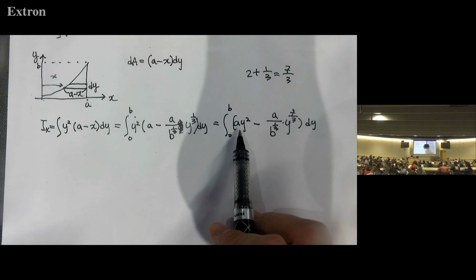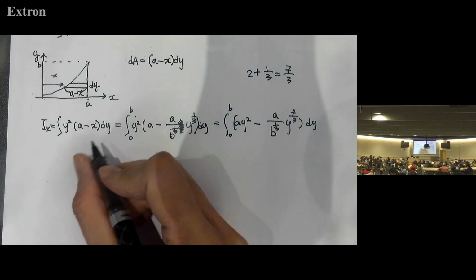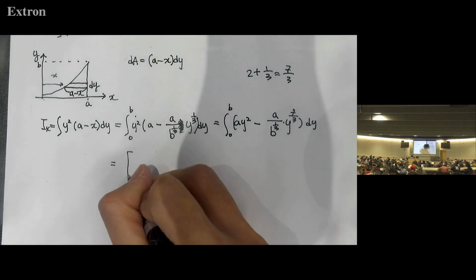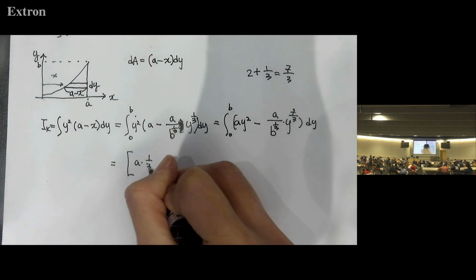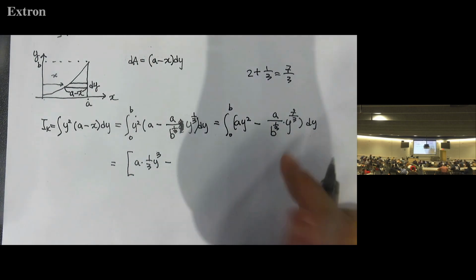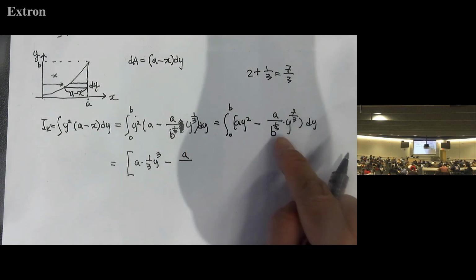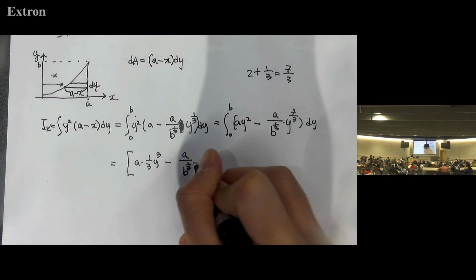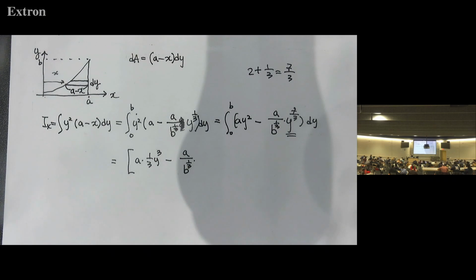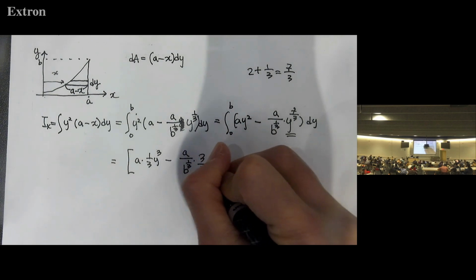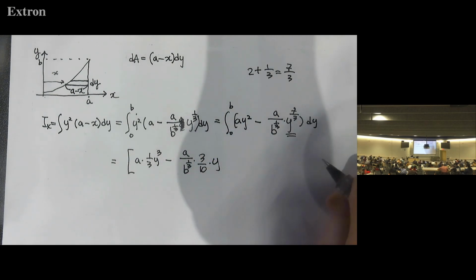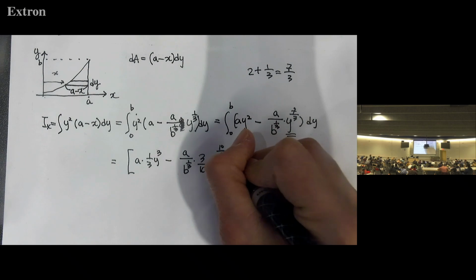Okay, and I'm sure you can integrate the first one. So that's a times 1/3 y cubed. And then the second term, what is the integration of y to the 7 over 3? 3 over 10 times y to the 10 over 3.